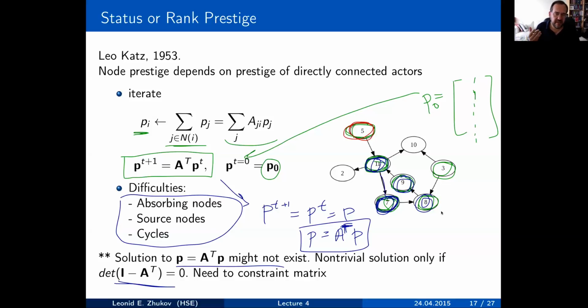So we need prestige to keep coming for the system to work. And there are more technical details. Again, if you're interested, you can look in the papers. But in general, this nice approach will have lots of troubles.